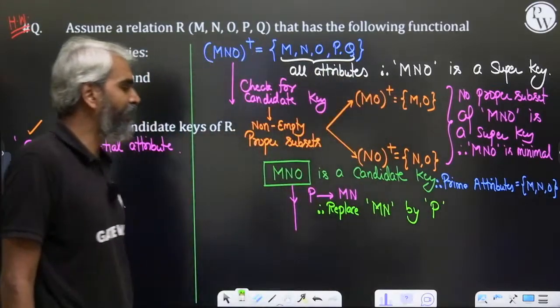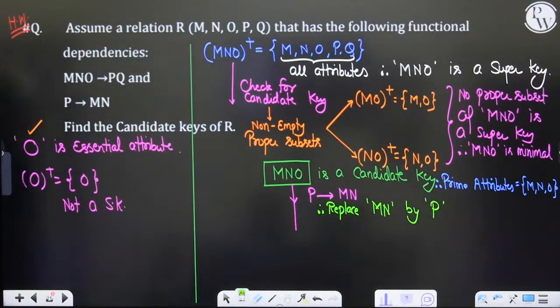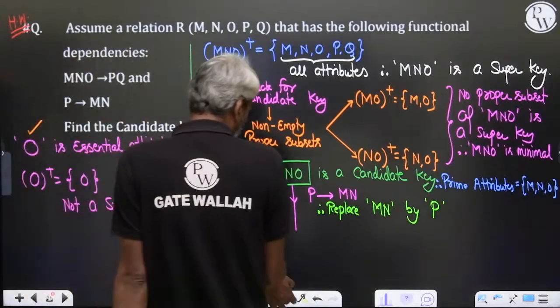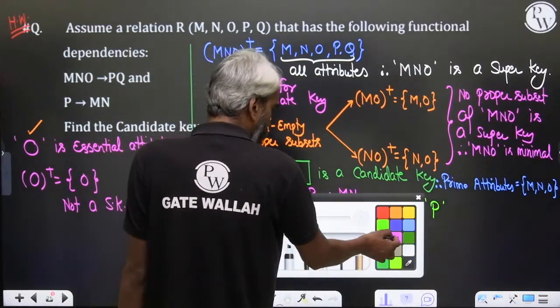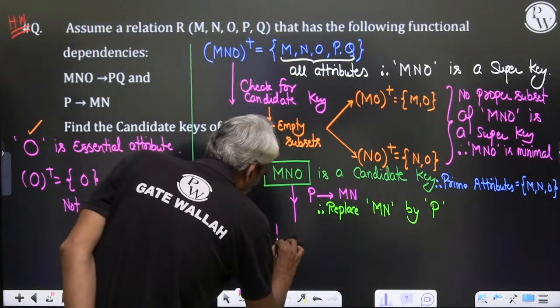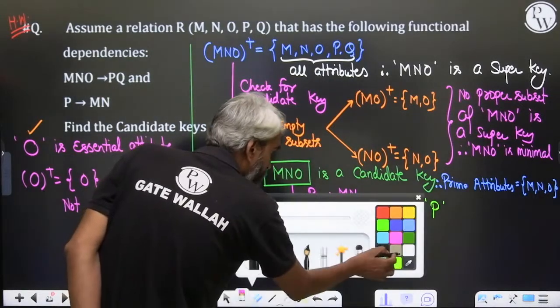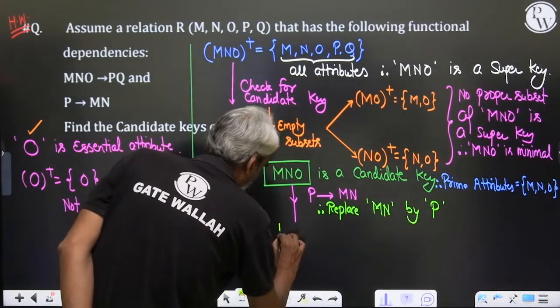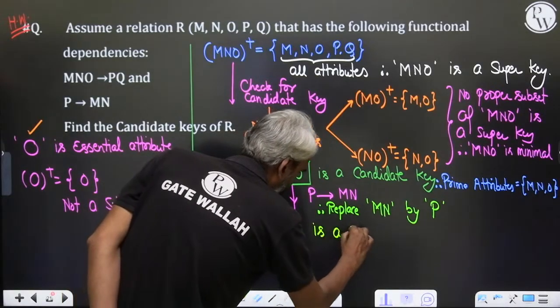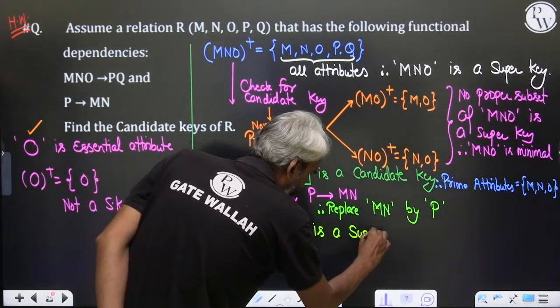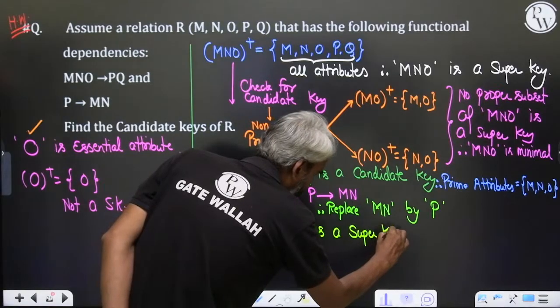Whatever is in the RHS, replace it by the LHS of that particular FD. So what will you get after replacement? If you replace MN by P, you will get to know that PO is a super key.